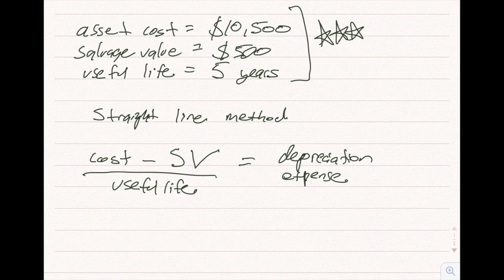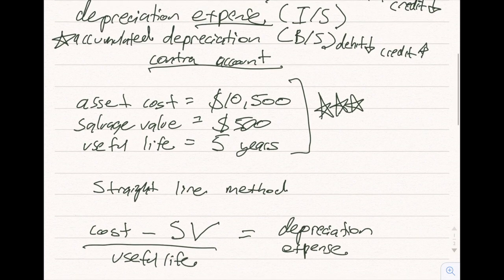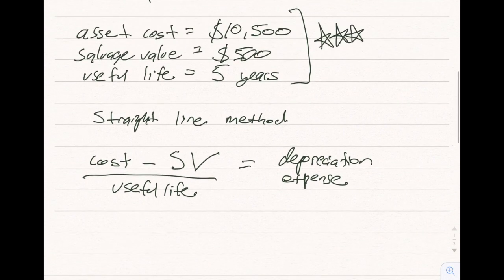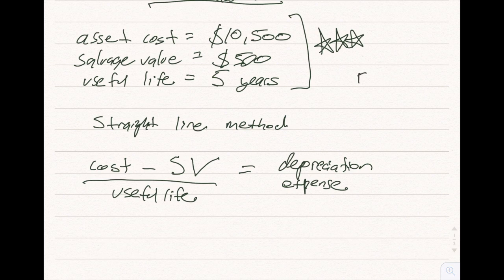And accumulated depreciation is going to be that contra account right below the equipment. And so you have the original cost of the equipment. So the balance sheet's going to look like this. It's going to say equipment, in this case, 10,500, and then right below it, it'll say, probably in parentheses because it's subtracting from that equipment amount, whatever the accumulated depreciation is at the end of the period.